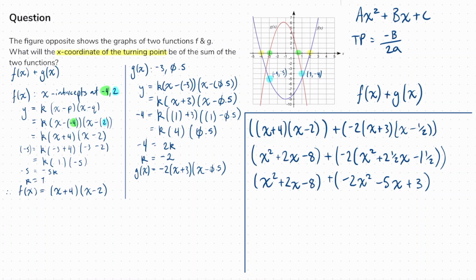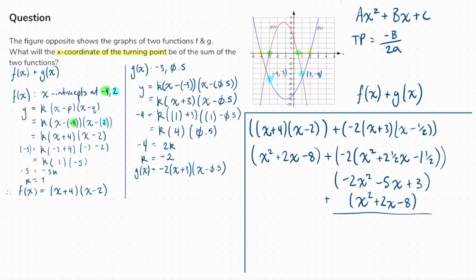Okay, so now I'm at a point where I can sum these and get it in the form ax squared plus bx plus c. Let's make this visually a little bit easier. Right, and I can move that over to here. So what have we got?